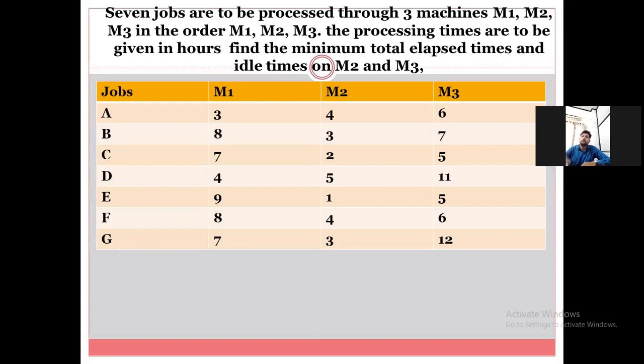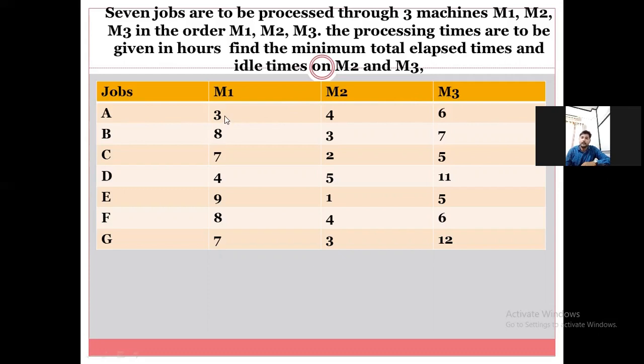Okay, so make four columns having the headings jobs, M1, M2, M3. Job A, processing times are 3, 4, 6 respectively on the M1, M2, M3 machines.